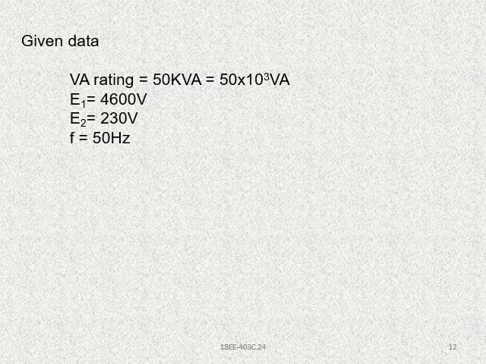Now the given data of this is: VA rating is equal to 50 kVA, that is equal to 50 into 10 power 3 VA. E1 is equal to 4600 volts, E2 is equal to 230 volts, and frequency F is equal to 50 Hertz.